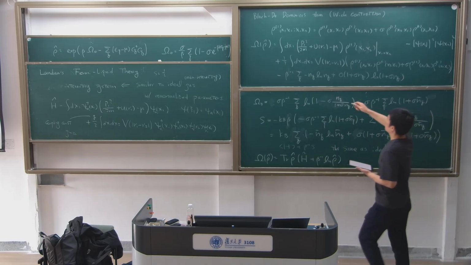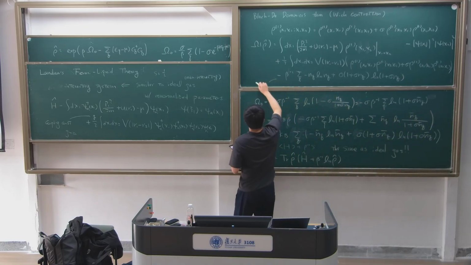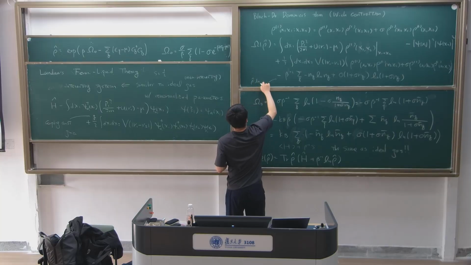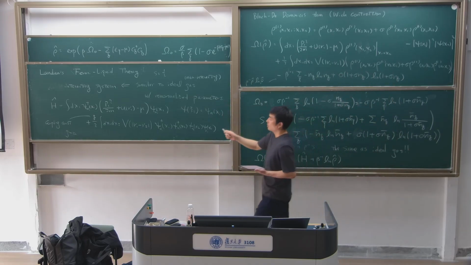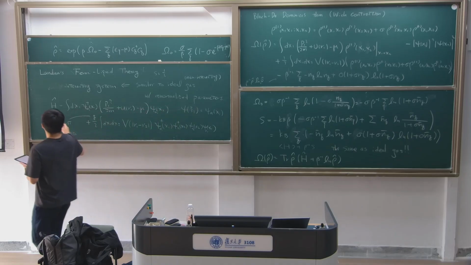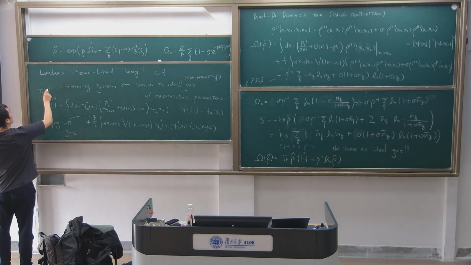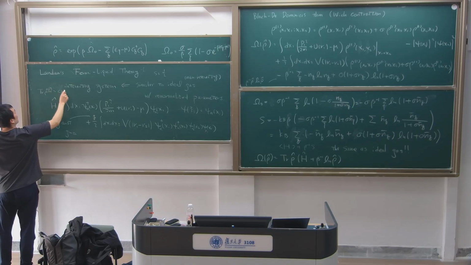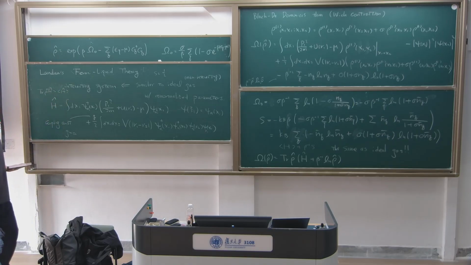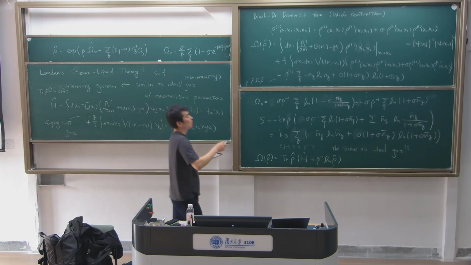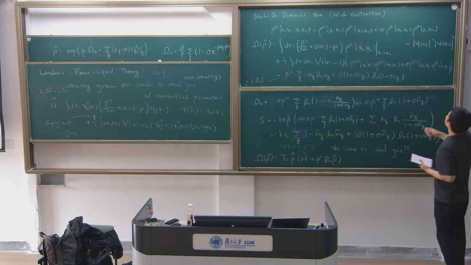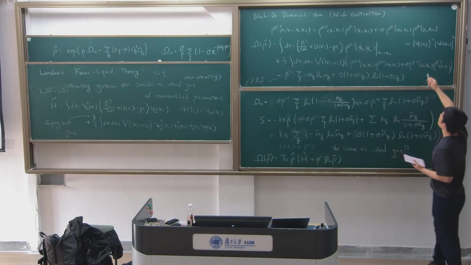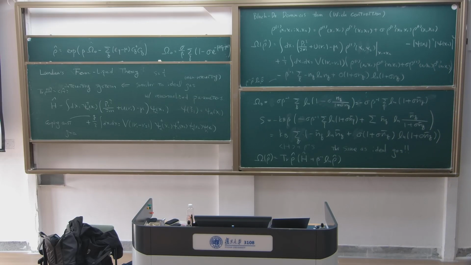Okay, so this term, this line coming from log. The first and second line is just coming from the expectation value. So this is the rho calculation, so we just work with it. The only thing I didn't include is this one, and I don't know why I didn't include it.